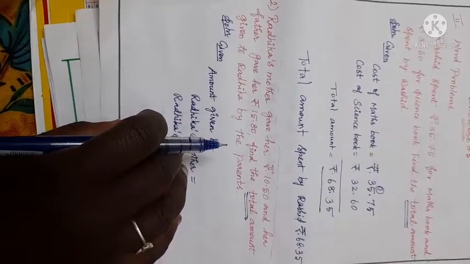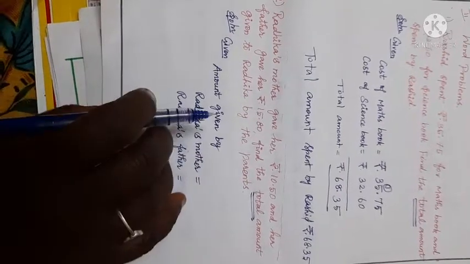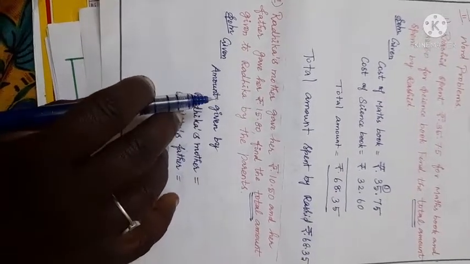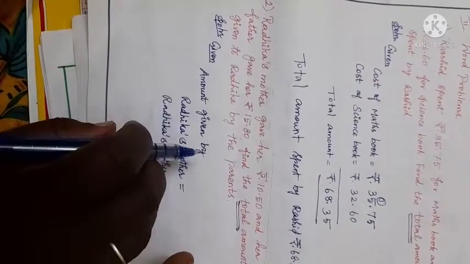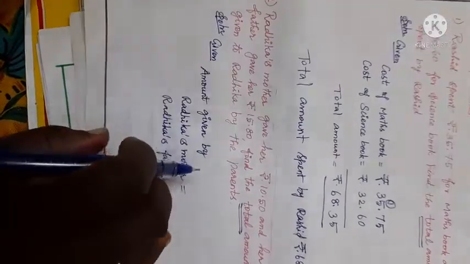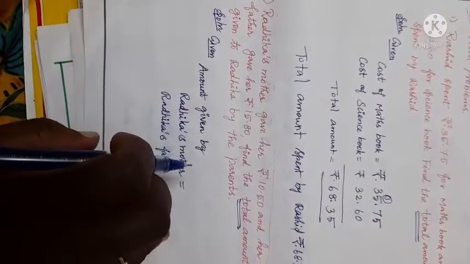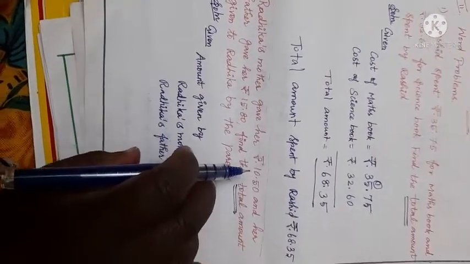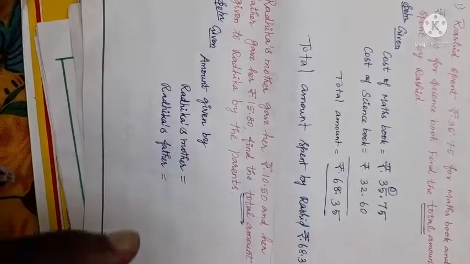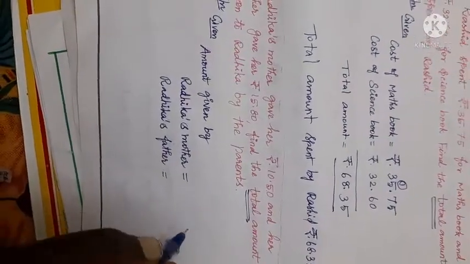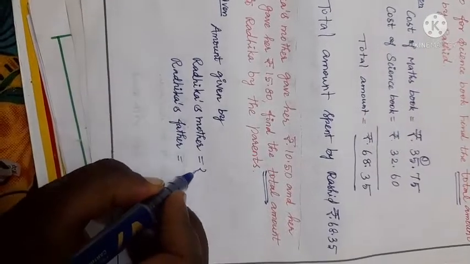Same. Total amount means you need to do an addition. Okay, so, see, the solution, how to write? Amount given by Radhika's mother, how much? Rupees 10.50, 10 rupees 50 paise.